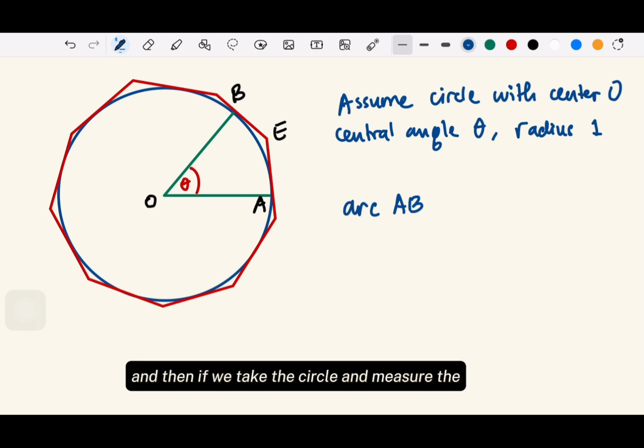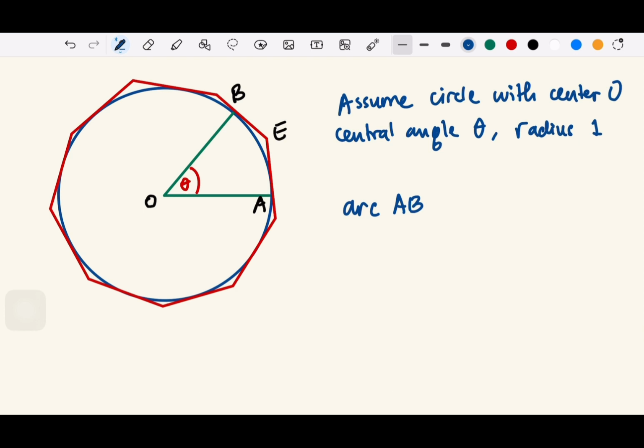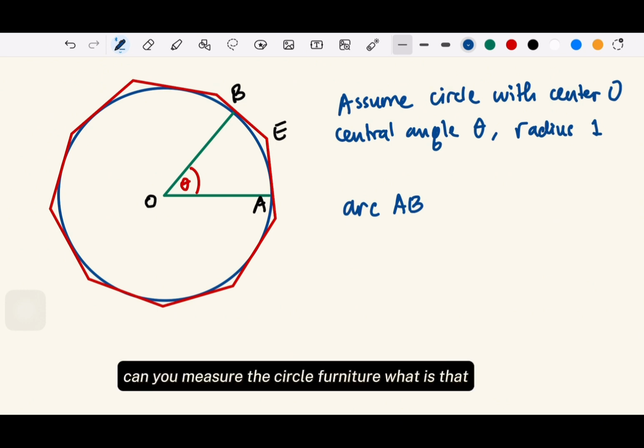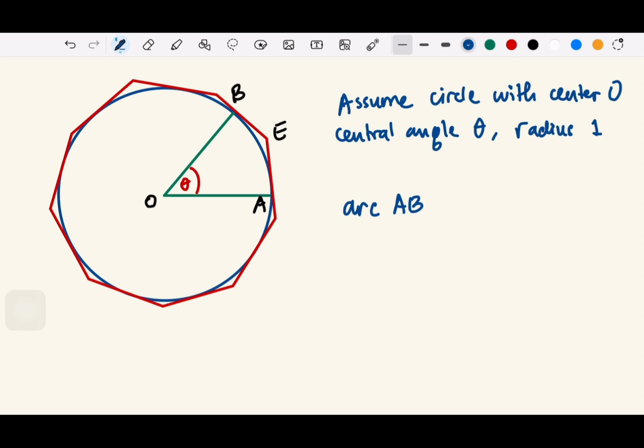And then if we take the circle and measure the distance between A and B, the arc, not the straight line, the arc, how do you measure? Can you measure the circle perimeter? What is that? 2 pi r, right? 2 pi r, okay?